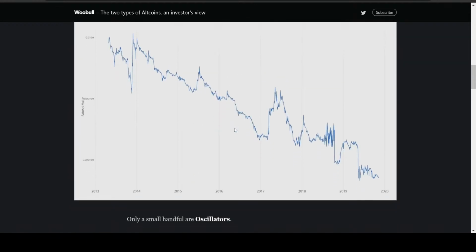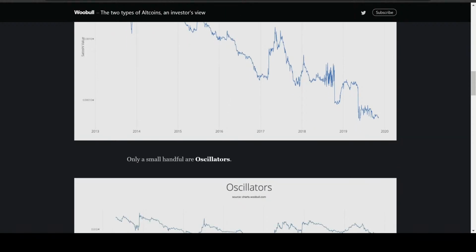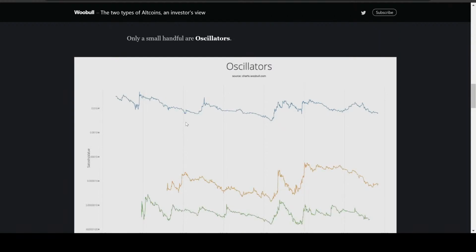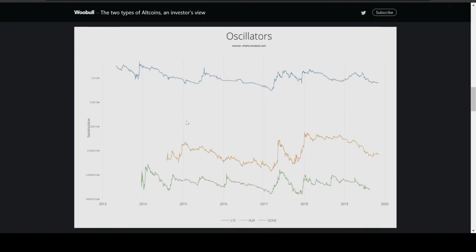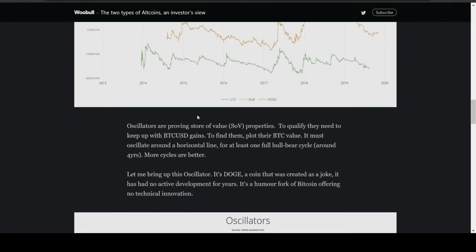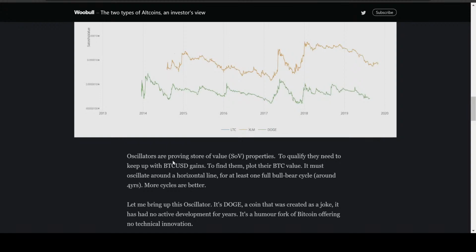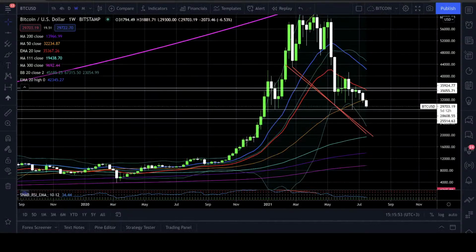But having said that, I do believe Matic still has potential, but it really depends on Ethereum 2.0, and what Ethereum 2.0 solves that Matic already solved, and there are a lot of other factors too. I'm just basing it on what the charts are telling me, because obviously my expertise is not the fundamentals. My expertise is just what the chart is saying.